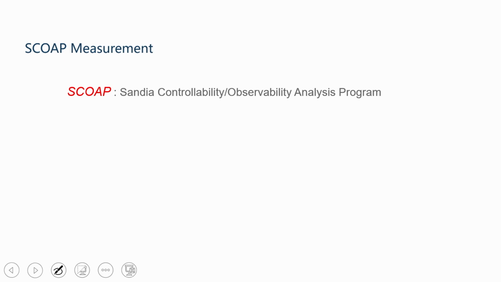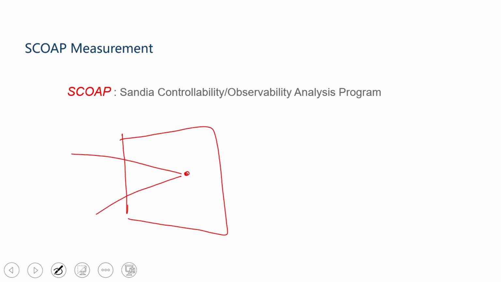Anybody knows what controllability and observability are? Controllability basically means, if this is your design and there is a rare signal in this context, can I come up with input assignments, or how easy is it for me to come up with an input assignment to change or flip that value. That is the controllability, right.